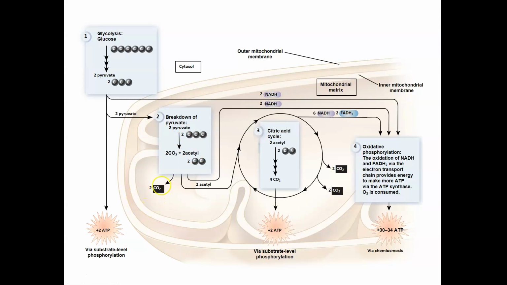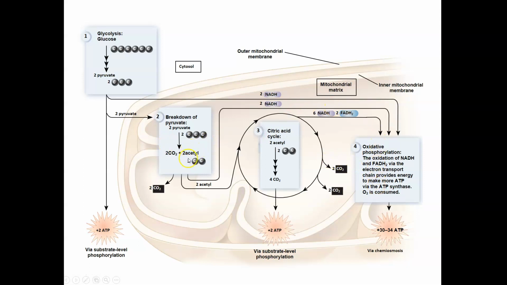So we've lost 2 CO2s at this point. In this step, we were fortunate enough to make some NADH. So again, those are my high energy electron carriers. They took some of the electrons that were liberated as those carbon-carbon and carbon-hydrogen bonds were broken down. And where did they go? The NADH are taking the high energy electrons to the electron transport chain.